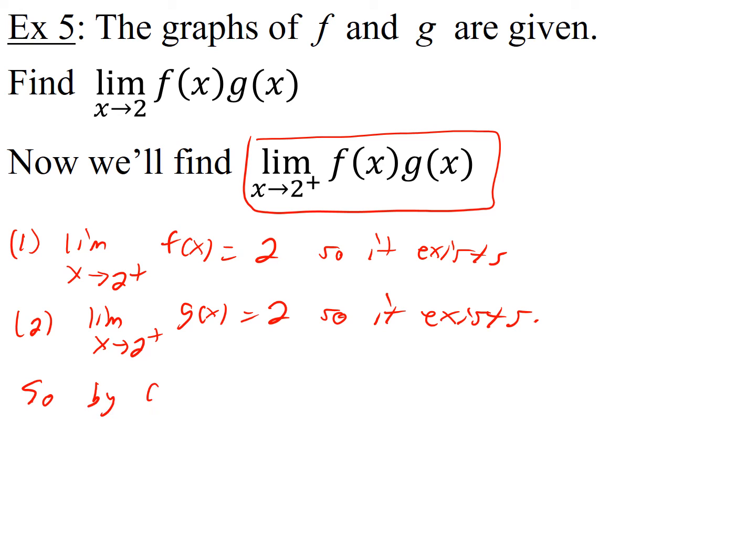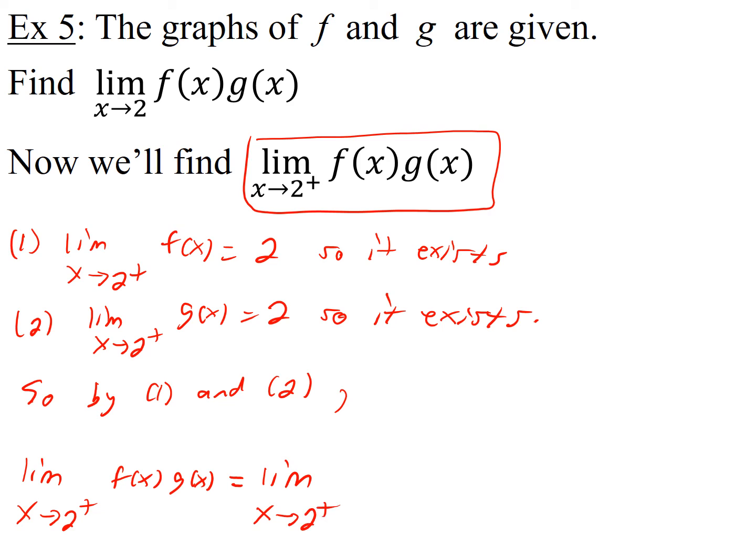So by 1 and 2, we can find the limit as x goes to 2 from the right of f times g. Again, we're allowed to use the limit law because each individual limit exists. So it's the limit of f times the limit of g. And we get 2 times 2, so we get 4. And that is the right-hand limit.